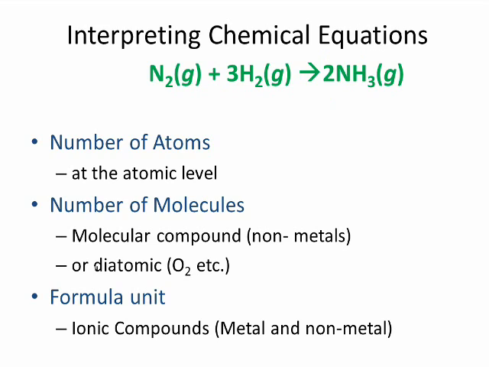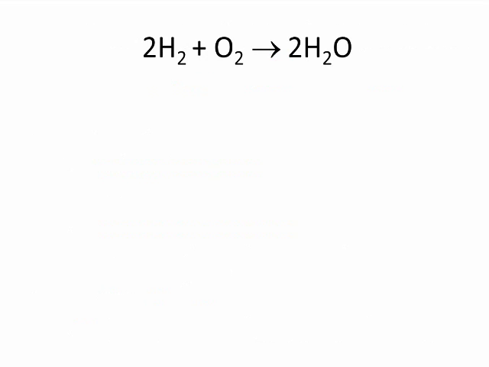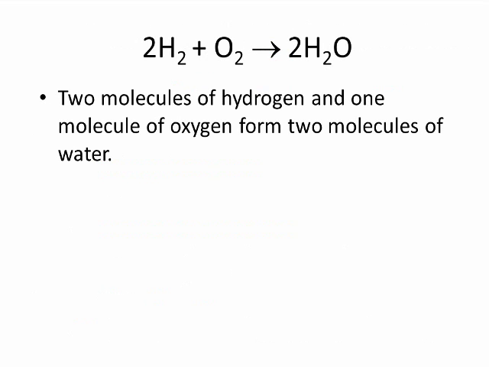So we can look at a chemical equation as just looking at molecules or individual atoms. Here's another one. We can have 2 molecules of hydrogen and 1 molecule of oxygen to form 2 molecules of water.